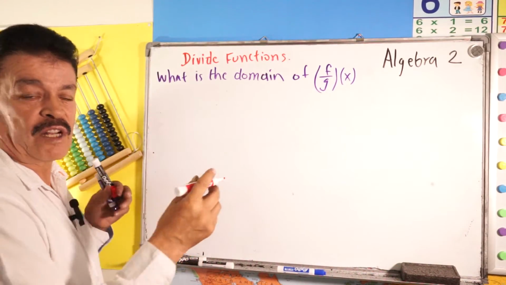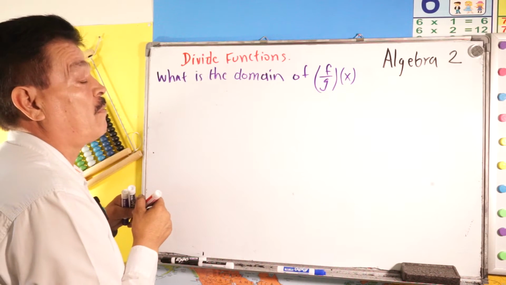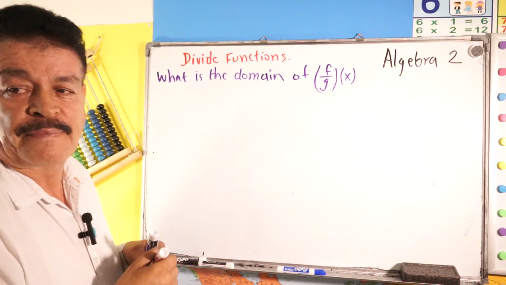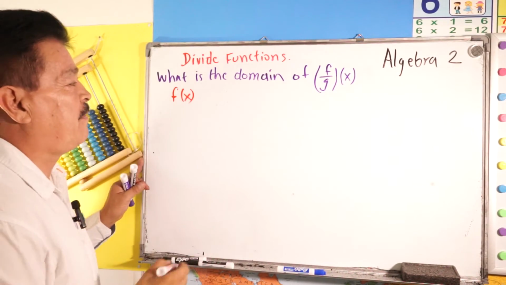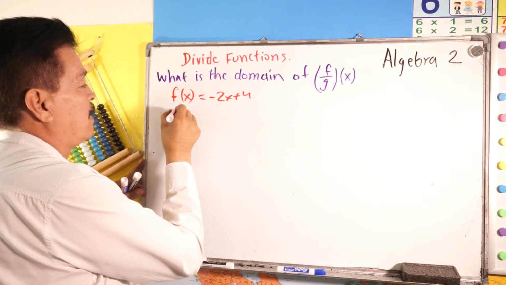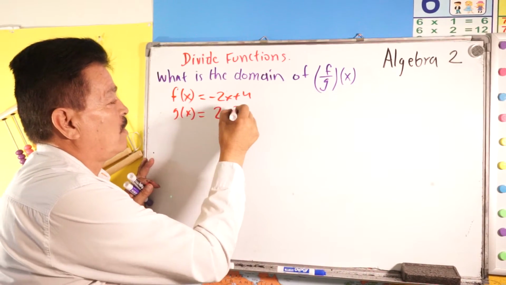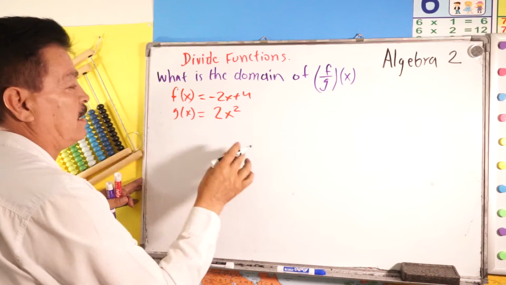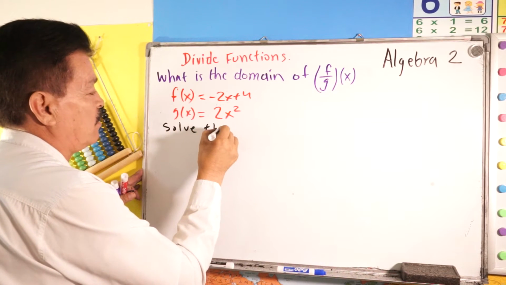Let's write another problem: what is the domain of f divided by g of x, where f(x) equals negative 2x plus 4 and g(x) equals 2x squared? Now solve the question.